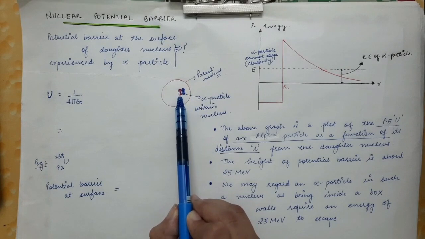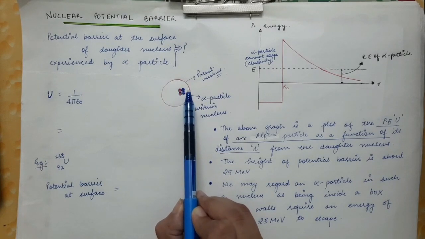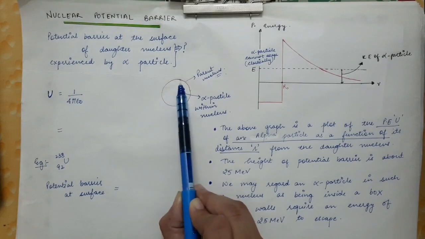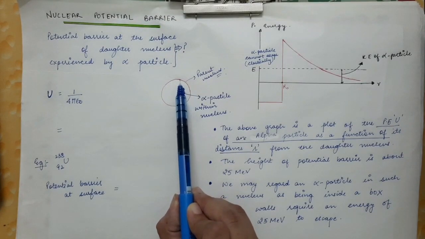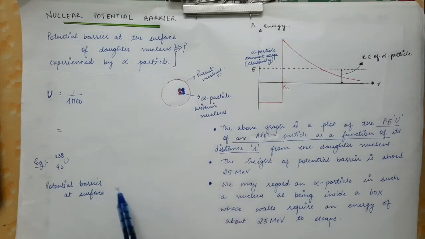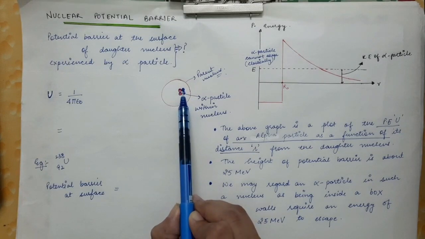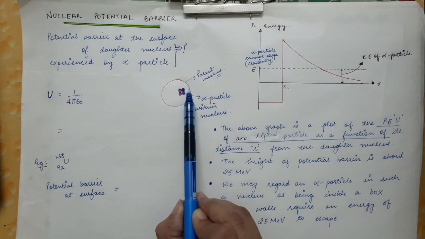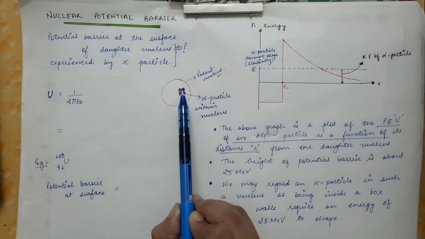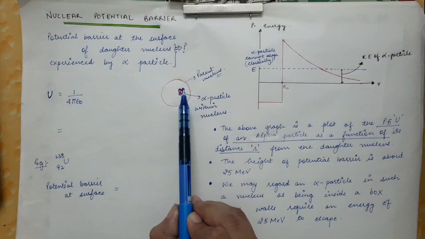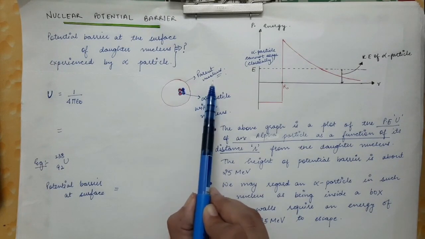It must get transmitted through the potential barrier, because there is some potential barrier at the surface of the nucleus, and we will find out the formula of the potential barrier in a few minutes. So for this alpha particle to go out of this nucleus, it must encounter this potential barrier and escape it. Only then the alpha particle will get escaped.